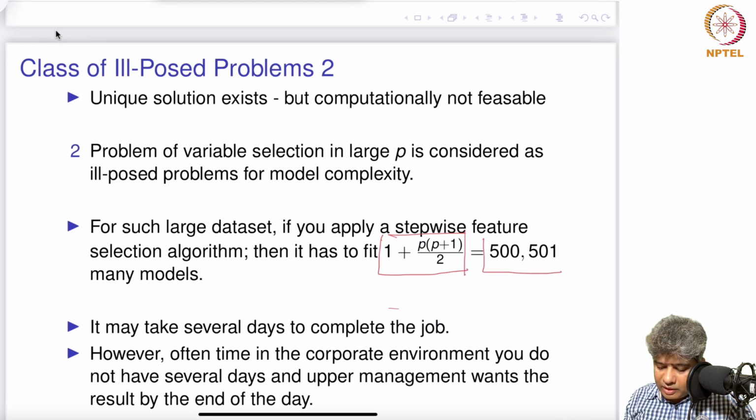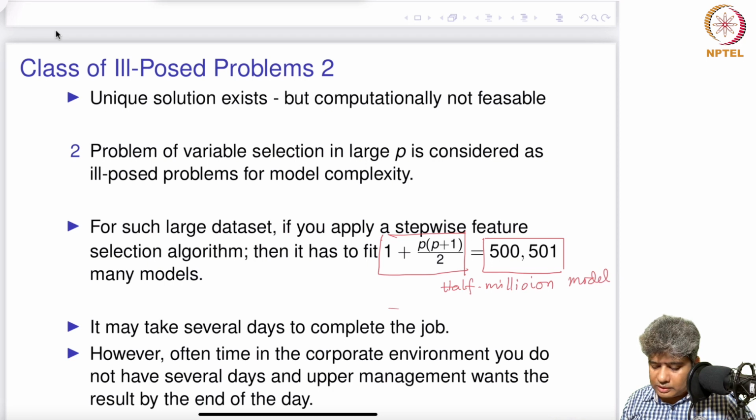That will be 500,501 models. That is 500,000 models. So you have to fit 500,000 models to just run a simple stepwise variable selection.